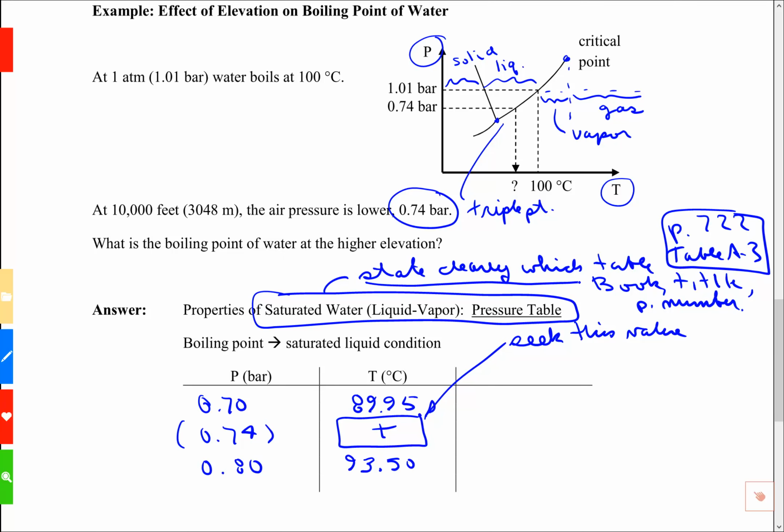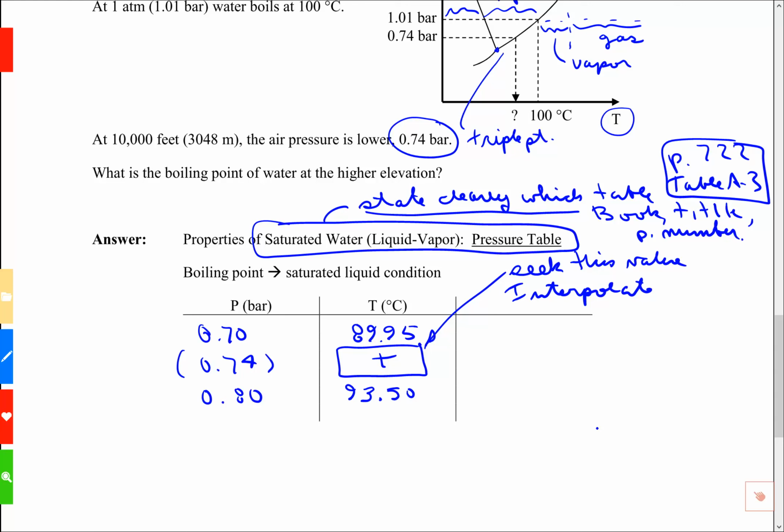All right, we're going to look for this temperature, and we're going to do that by interpolation. Here's how that's done. I think about interpolation as a ratio of distances. This distance compared to that distance. So we'll say ratio of distances.